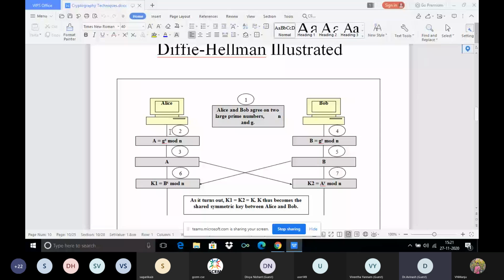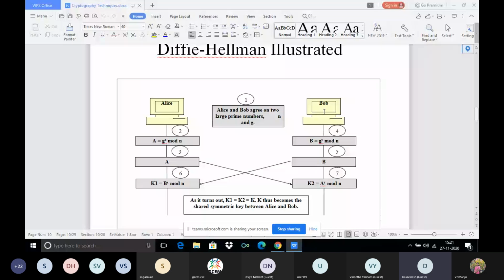Alice generates a key called K1, and Bob generates the key called K2. So A is equal to g to the power x mod n. This is the mechanism by which A is generated. Alice generates the key with the number A, so K1 is the key.